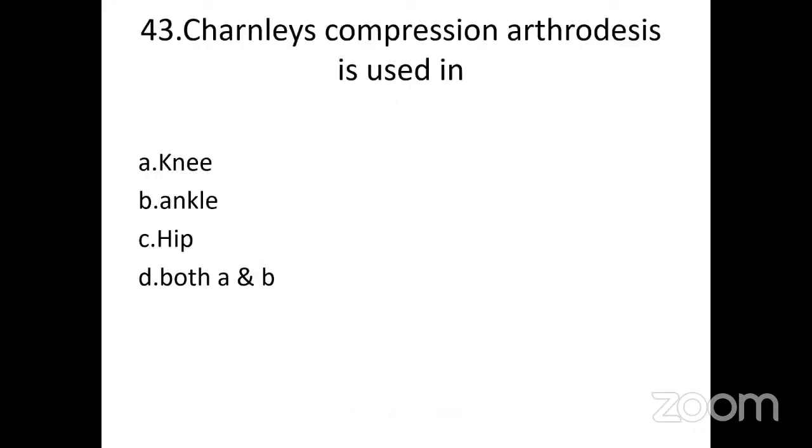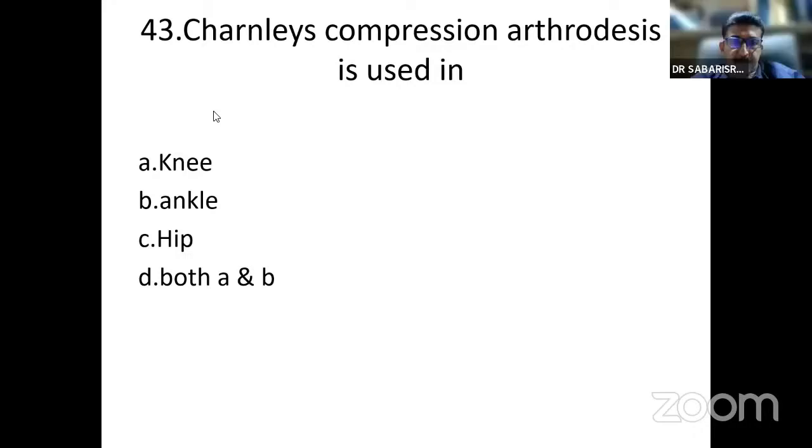Then Charnley's compression arthrodesis is used in. You know what is arthrodesis? The intentional surgical fusion of a joint is called arthrodesis, and Charnley is credited with the first arthrodesis. They use clamps to compress the bone so that there will be fusion of the joint.